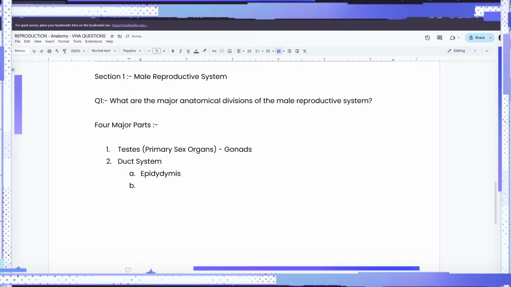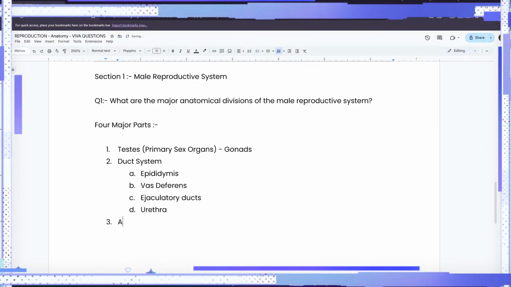So epididymis, you have your vas deferens, you have your ejaculatory ducts, and then you have your urethra.